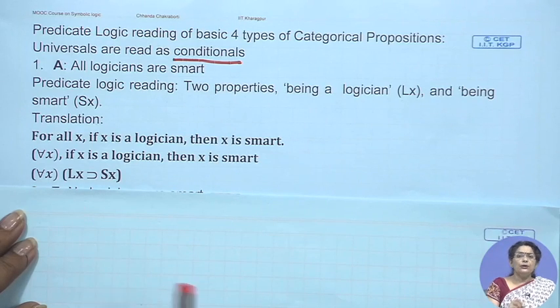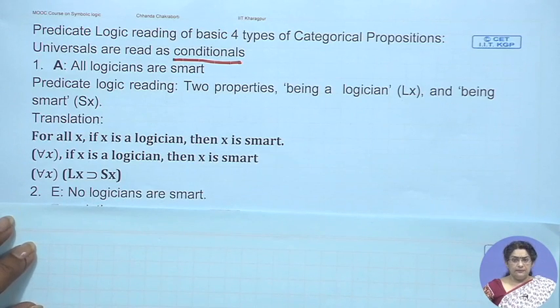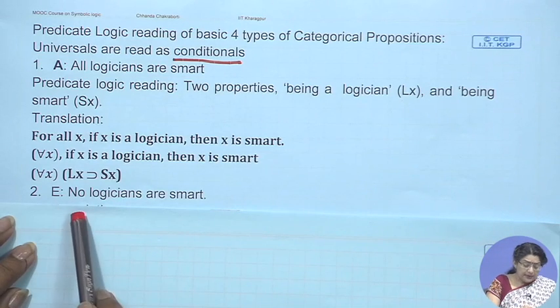Second, all universals are going to be read as conditionals. Remember this. The same thing applies to your E, where "No logicians are smart" is taken as a random example. Once more, same properties, being a logician and being smart, these are two properties, but this time we have a no.